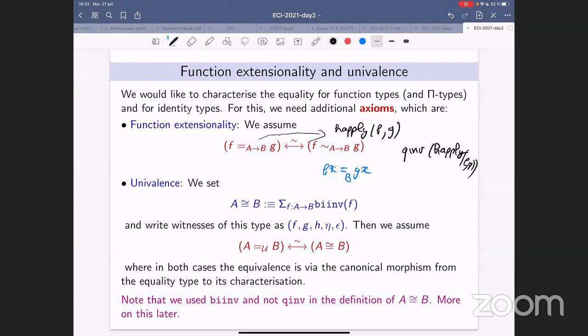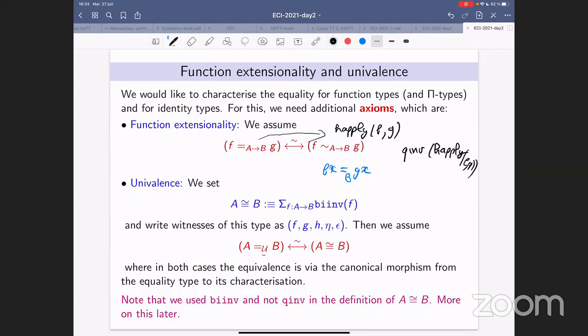It's an axiom that will say that being equal propositionally in the universe for two types, so arbitrary types, will be equal.